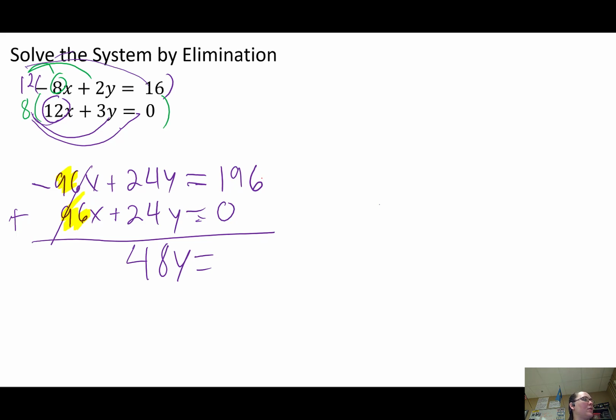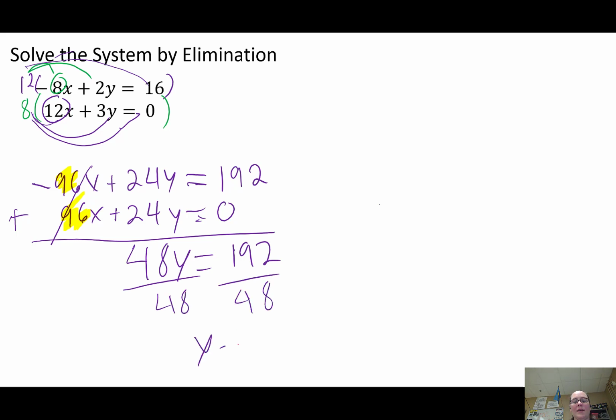I apologize, I mistyped here, guys. 192 plus 0 is 192. Okay, now we're going to divide both sides by 48. And we get y is equal to 4.